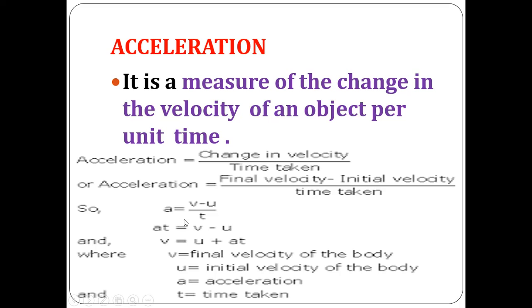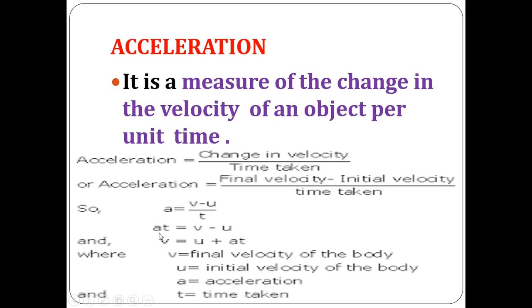So acceleration can be denoted by the letter A, and last class we have learned final velocity can be denoted by the letter V, initial velocity by the letter U, and time as T. Yes, so we can write A is equal to V minus U by T, and when we are taking this T to this side, it can be converted into a product.